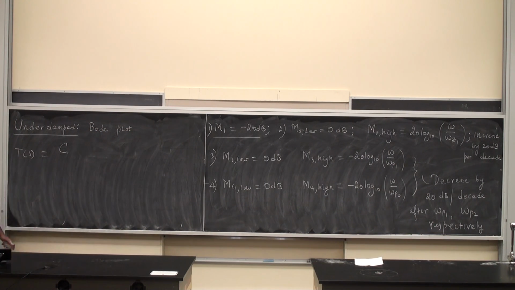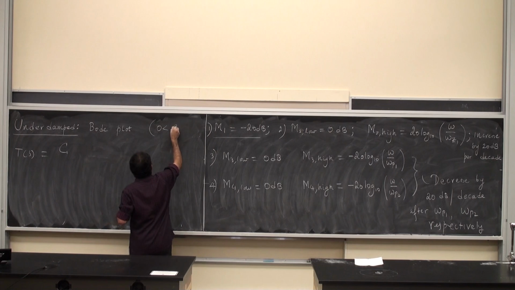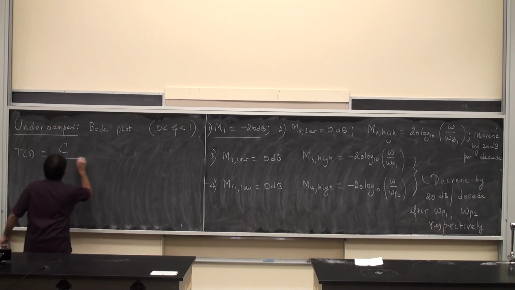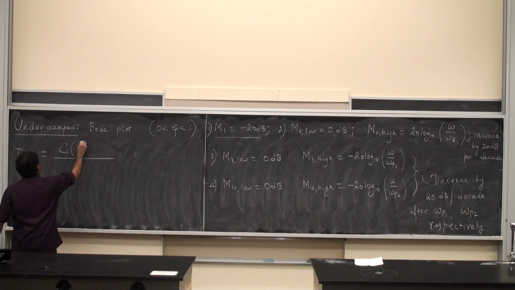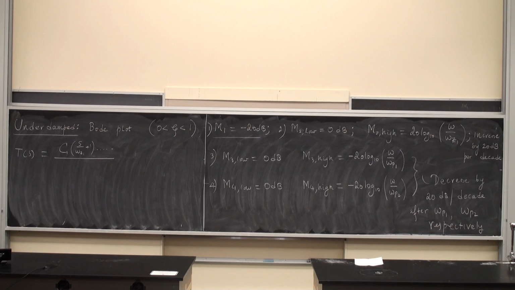The standard form of the transfer function, if you have an underdamped system, which is for zeta less than 1 and greater than 0, obviously, because you have a stable system, is C times whatever numerator dynamics you have, does not really matter.